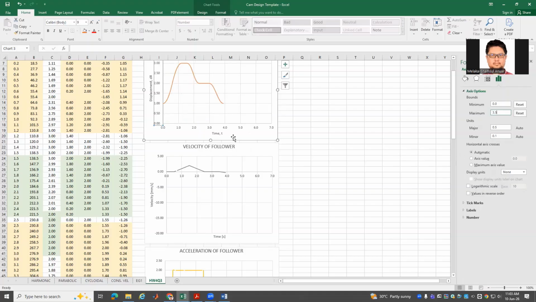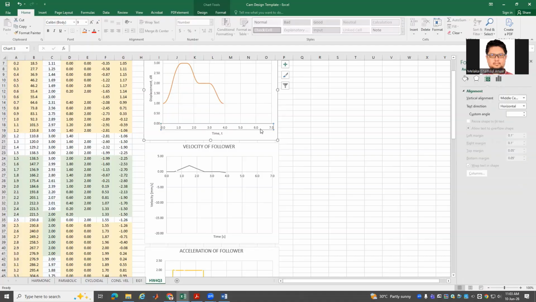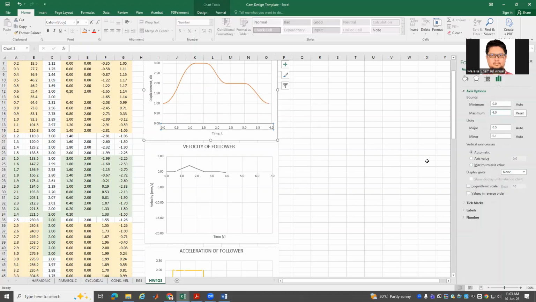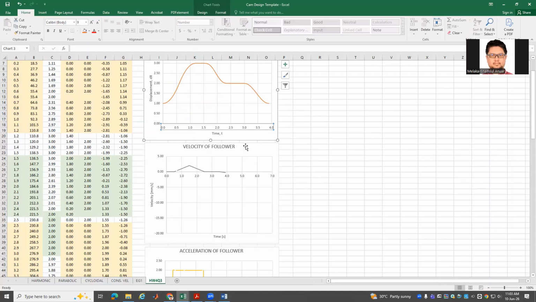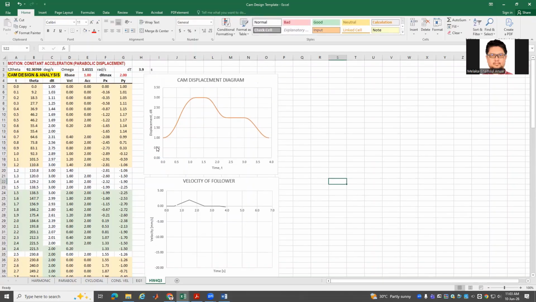And this one between 0 and 3.9, or I'm just gonna go with 4. Okay. Okay, that's for the lovely cam displacement diagram. So then go ahead and save your work.